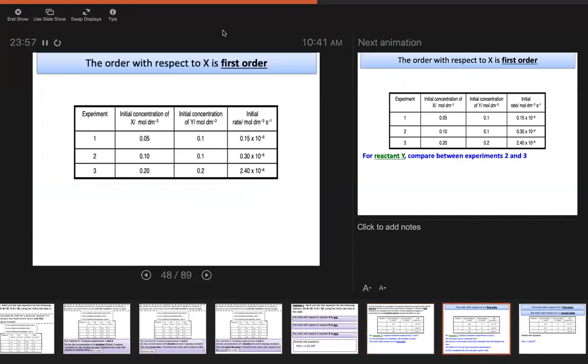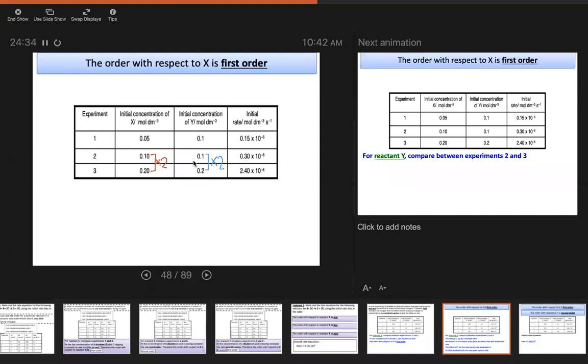What do I mean by that? Let's have a look at experiments 2 and 3. Now, in experiments 2 and 3, not only is Y changing, but X is also changing. Can you see that? Yes. And this is possible. X going from 0.1 to 0.2 is double, and then, let me use a different color, Y is going from 0.1 to 0.2, which is also double.